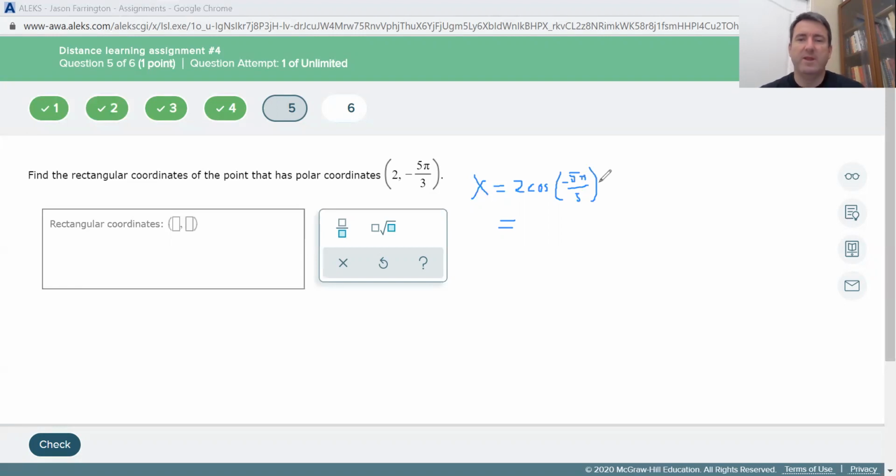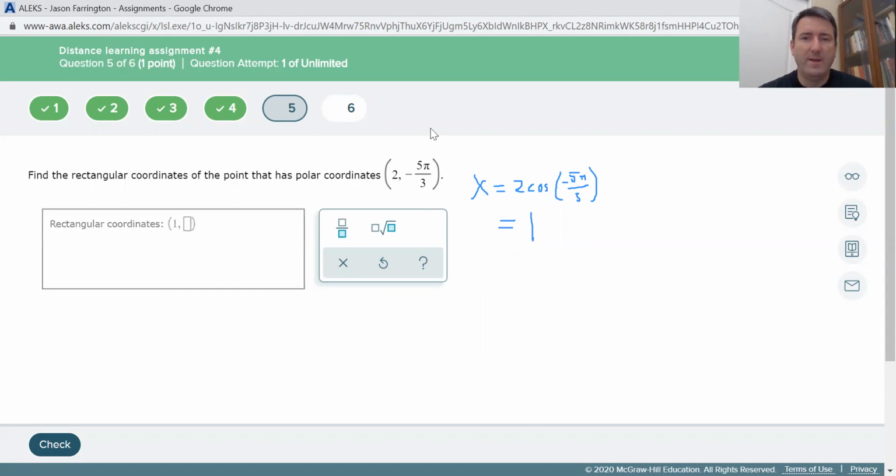Negative 5 pi over 3 plus 6 pi over 3 would be pi over 3. So negative 5 pi over 3 is the same as pi over 3. And the cosine of pi over 3 is 1/2. And 1/2 times 2 is just 1. Okay, so our x is 1.